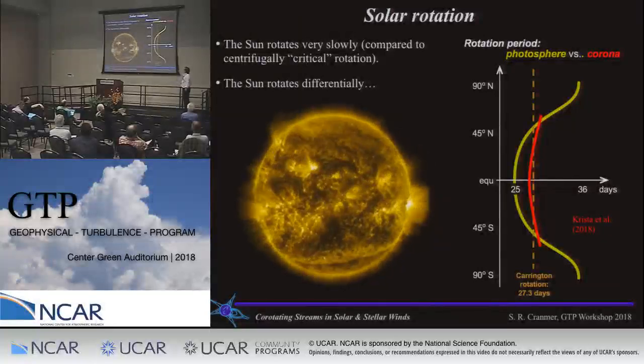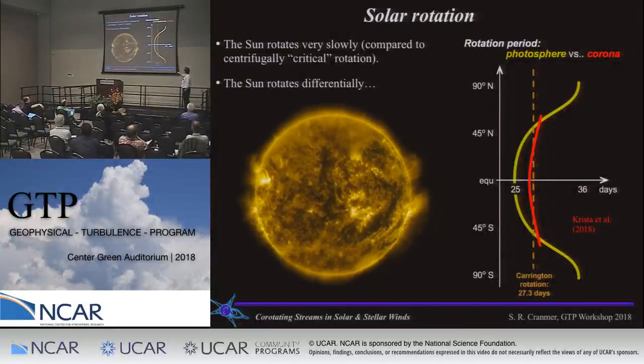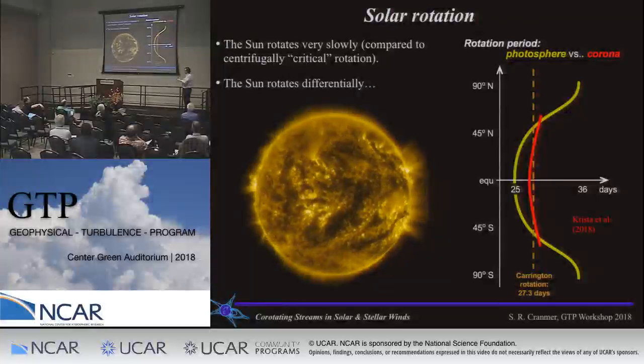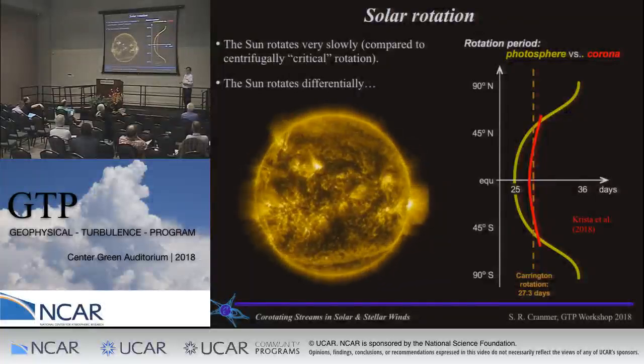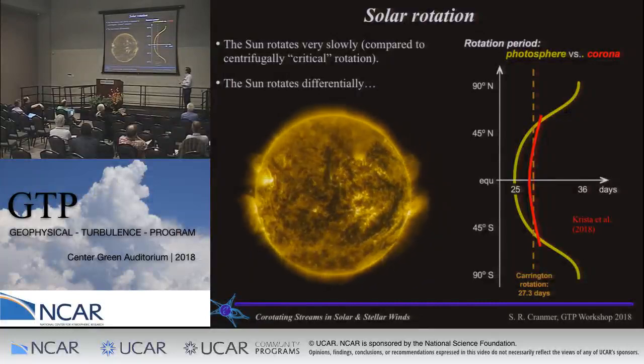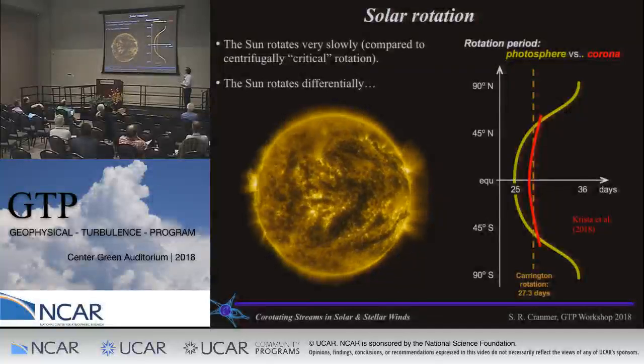The photospheric strong differential rotation, slower at the poles and more rapid at the equator, gets sort of tamped down a bit when the magnetic field becomes the dominant force, say, in the momentum equation, right? When the Lorentz forces become strong and the magnetic tension wants to keep things rigidly rotating.